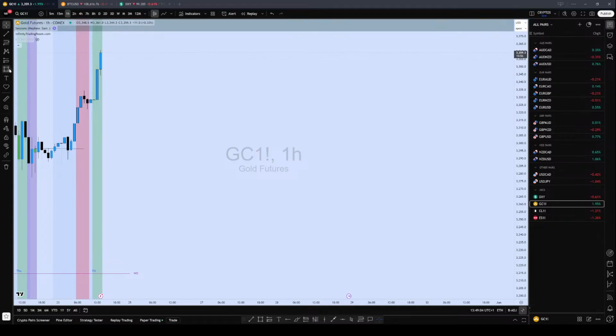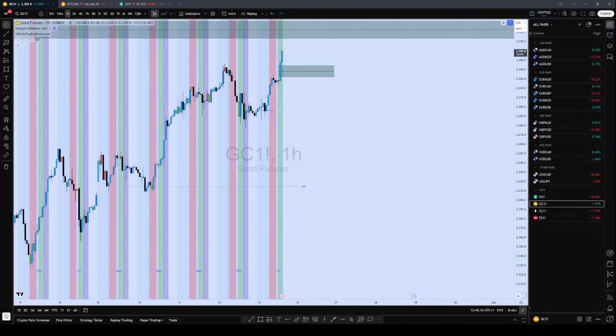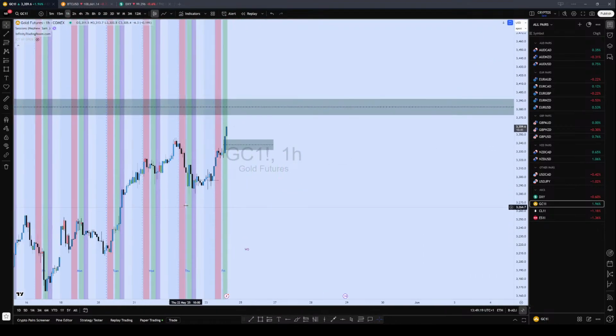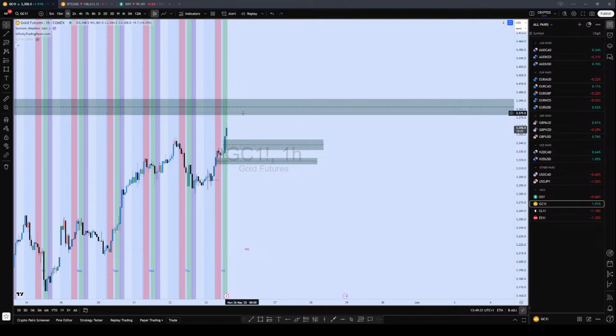So this one, I think I'll leave that one because I don't want to get into trouble teaching you too much. Okay, so these two gaps, Monday, those are the levels you're going to use for a continuation to the upside.